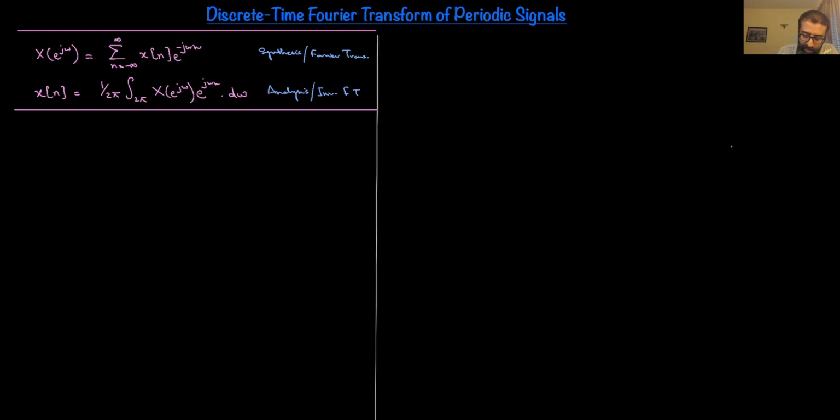Now, in order to move further, let's consider the most basic of discrete time periodic signals, which is a complex exponential. Let's say I had e raised to the power j omega naught n, which is a periodic signal, so omega naught divided by 2 pi is rational.